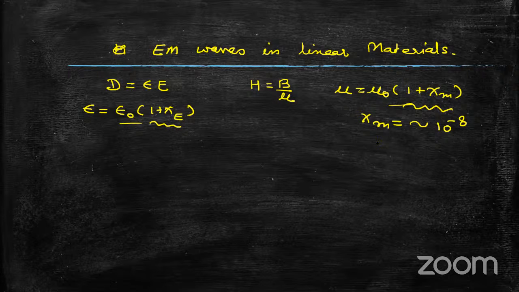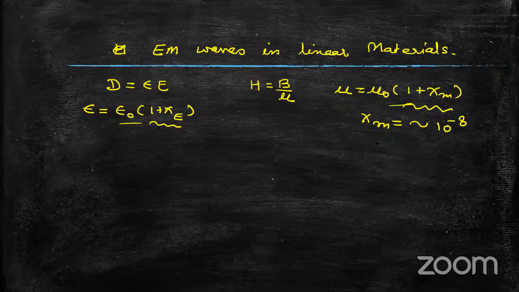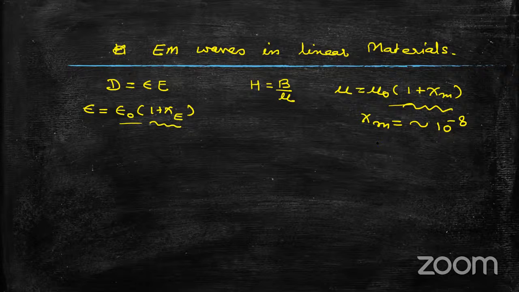And what about the electric field? Are all materials para-electric or dielectric? Find out about this one. The word para-electric is hardly used because it is only one type of material.